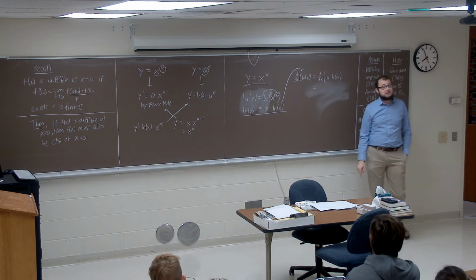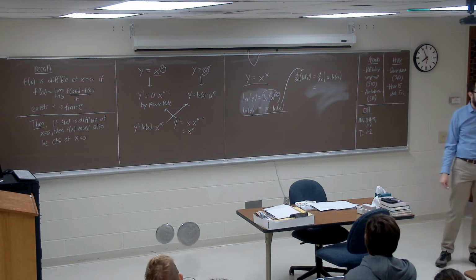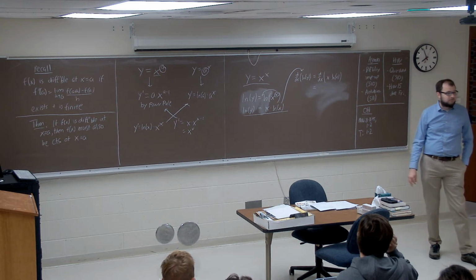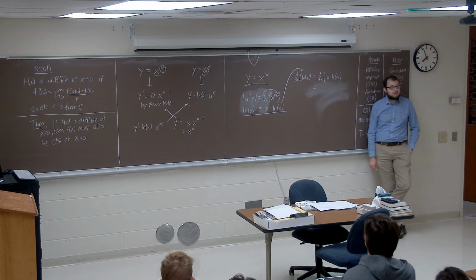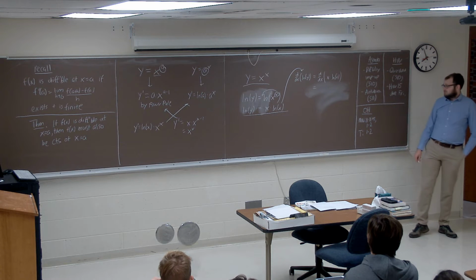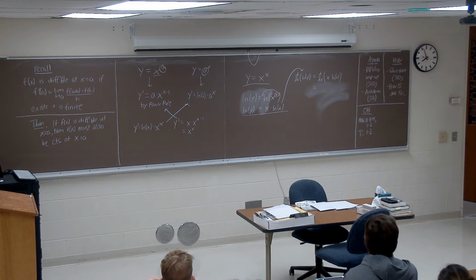What rule would we have to use to differentiate x times natural log of x? Yeah, Charlie? Need a product rule, right? Well, it looks like a product to me. All right, what would the product rule tell us we would get then?